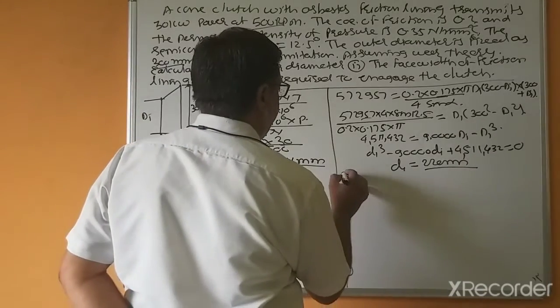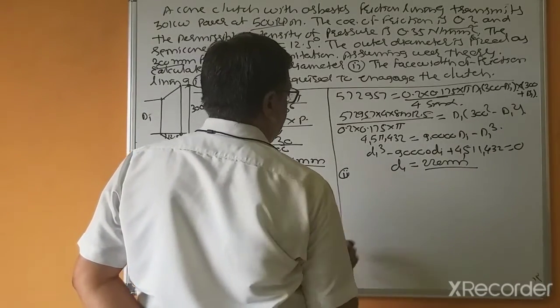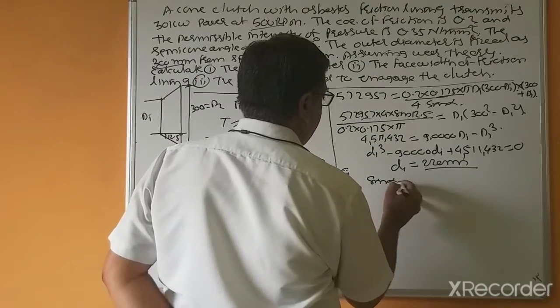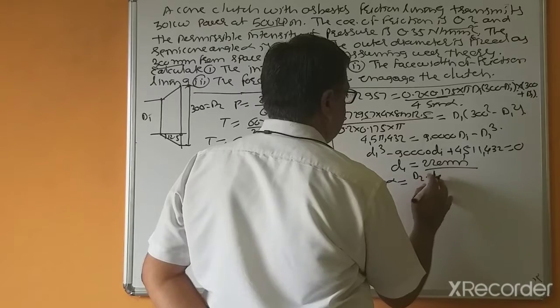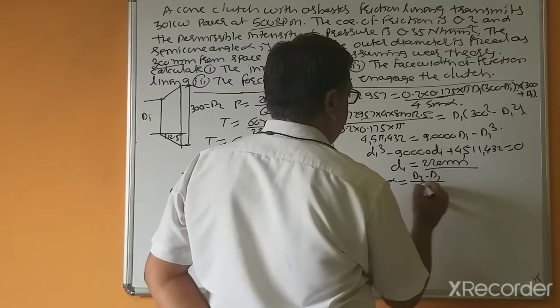Second, now b sin alpha equal to d2 minus d1 divided by 2.